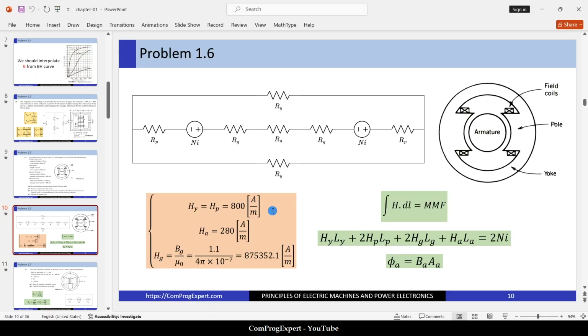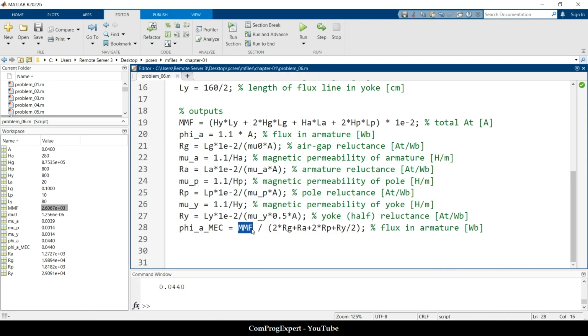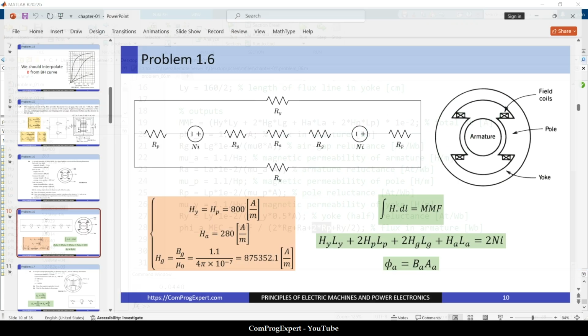What reluctance? We should simplify this circuit. The reluctance of this side of the yoke is in parallel with this side. So this is the total MMF divided by 2 times reluctance of the gap, reluctance of the armature, 2 times reluctance of the pole, plus reluctance of the yoke divided by 2.